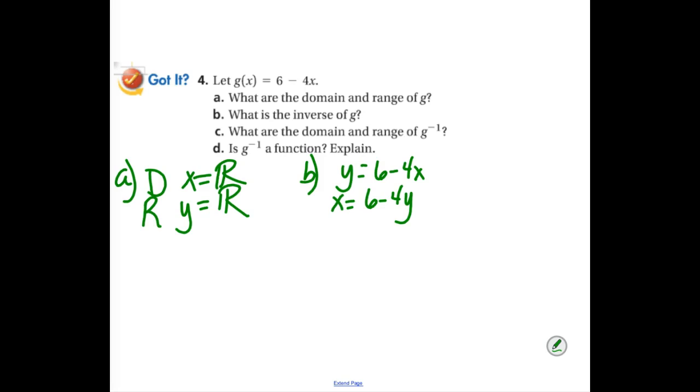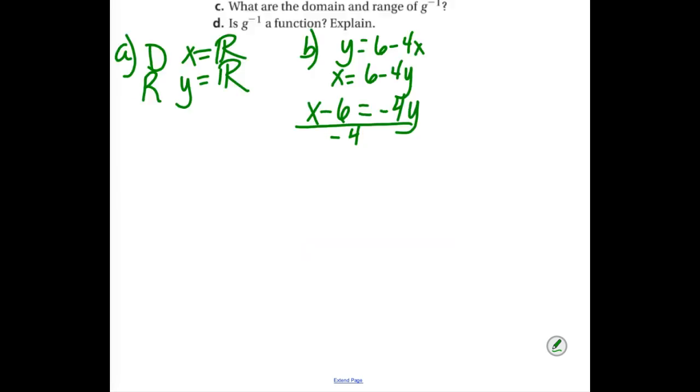Just solve for y. Okay, step 1, I'm going to move the 6 over by subtracting it. Somebody else. What's my next step? Okay, if I divide everything by -4, I end up with -1/4 x. What do I get for -6 divided by -4? +3/2, 3/2, and that equals y.